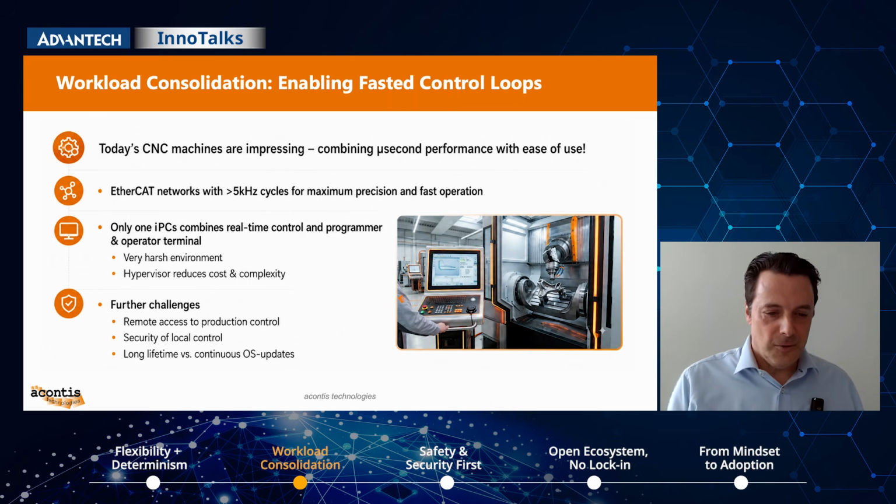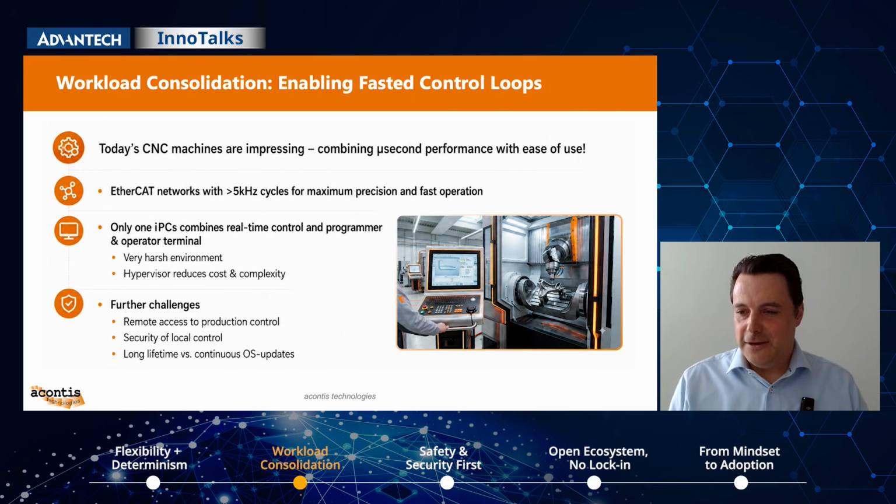The control function running on a real-time OS is usually extremely stable. There are not many changes or no changes on the OS, and also the controller, usually nobody wants to touch it. On the user interface part, however, there are from time to time updates regarding the user interface, regarding the OS, or even the recipes you have in the machine need to be updated on a regular basis.